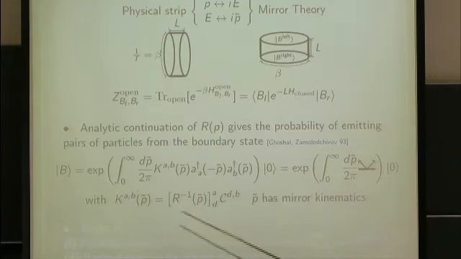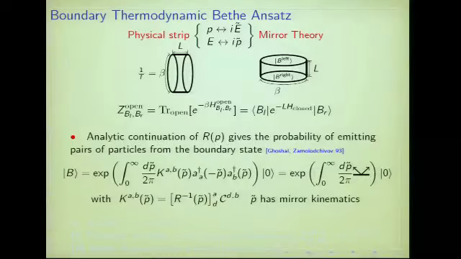So it can be written as the exponential of these integrals over pairs of particles with momentum minus p and p, and the coefficient in this expansion is precisely this K, which, remember, is just an analytic continuation of the reflection matrix of the physical theory.